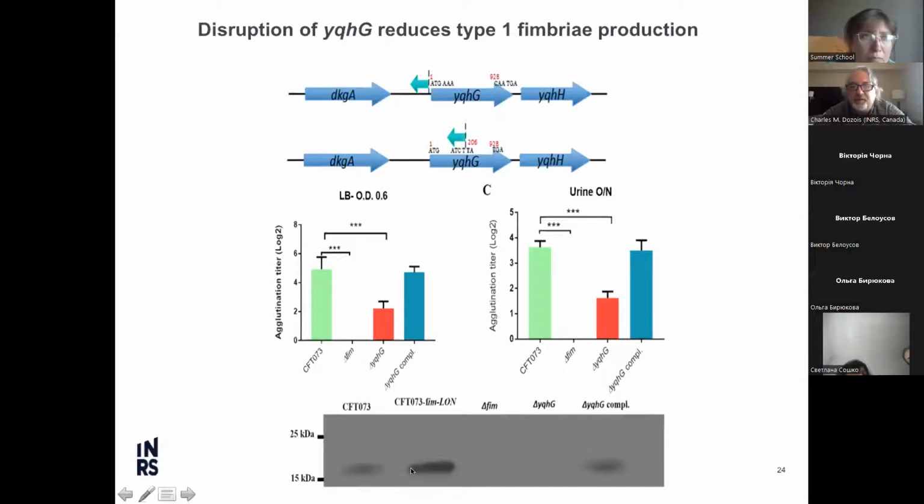We did one with the switch locked on, which means 100% of the cells are making the Fimbriae here, and then the controls here being the delta Fim. And so the level of Fimbriae in the delta YQHG has dropped significantly, to the point where it's not even detected at this level when the bacteria are cultured at an OD of 0.6, which we've done here for the Western.